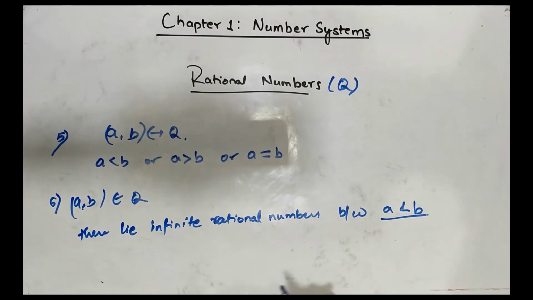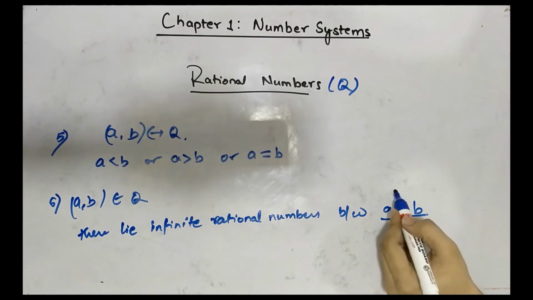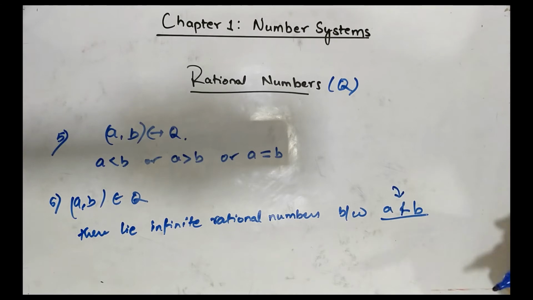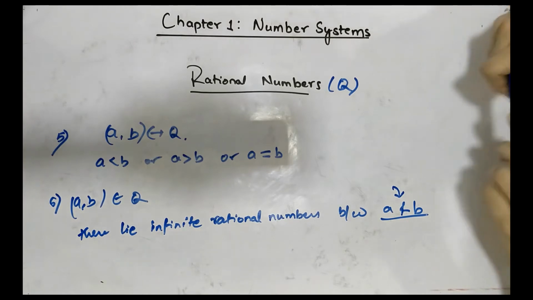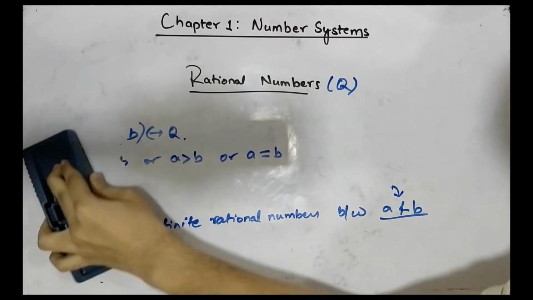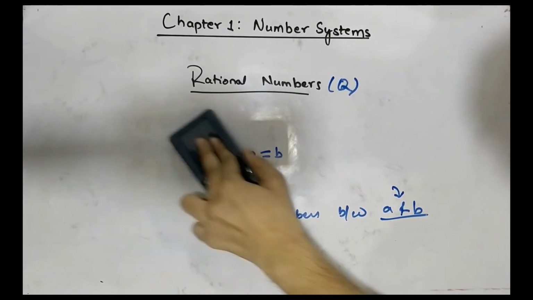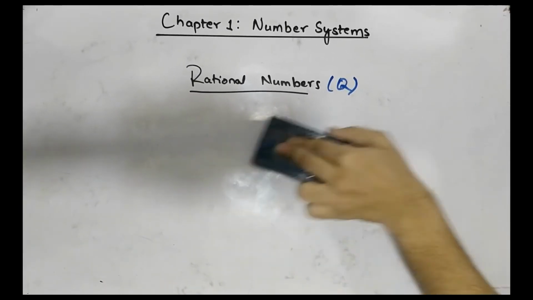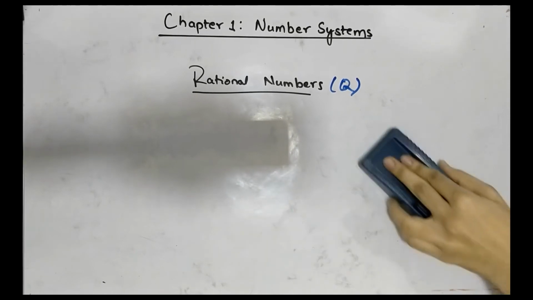The next thing we will find out is how we can find the rational numbers between a and b. They can be infinite numbers. So the next thing we will talk about is inserting rational numbers between two rational numbers.